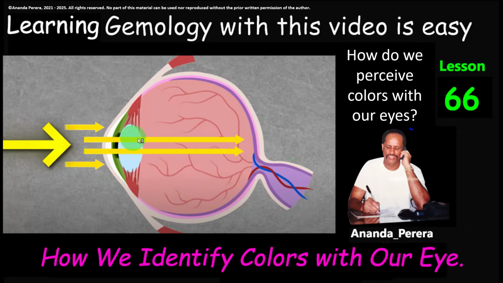Then it moves through the lens to the place we identify here. Then it converts to an image and sends the signal to your brain. We are learning that. Then how can we see the color? Okay, we are moving to the lesson.